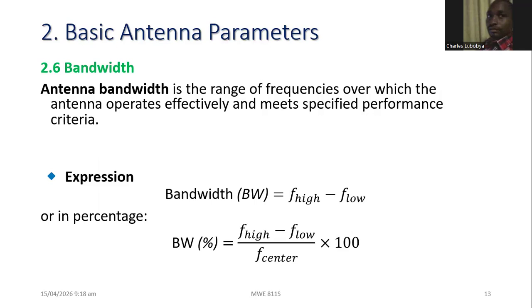So essentially, that's how you calculate your bandwidth percentage. You just need to know the highest frequency and the lowest frequency, the difference between the two. So this parameter is important, like I said, because it specifies the performance of an antenna, and you need to know how to calculate it as well.